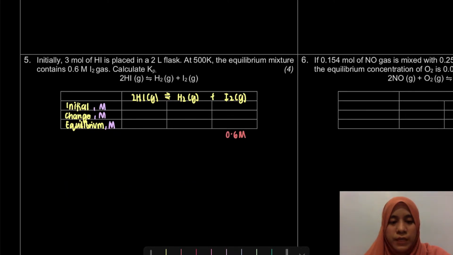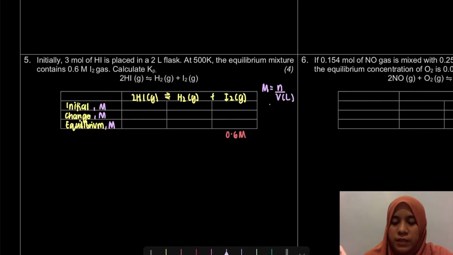Okay, so from here, remember that for the reactant, initially we have our value. Here it says initially 3 mole of HI is placed in a 2-liter flask. So here is actually mole, but here our unit is concentration. Remember that concentration is number of mole over volume, where volume must be in liter.